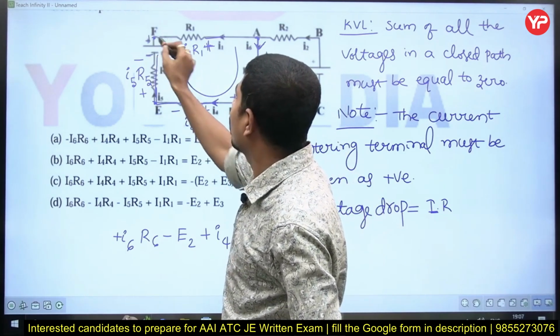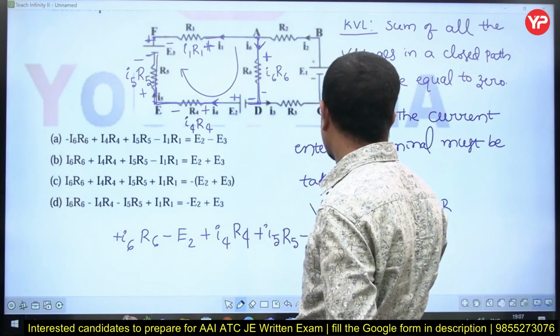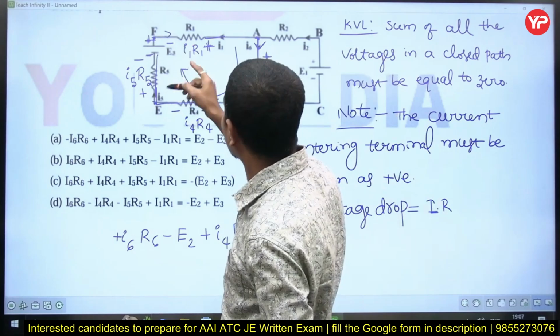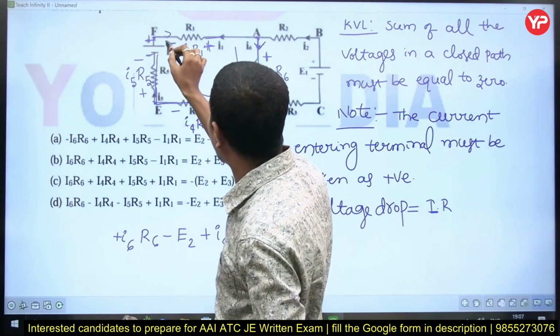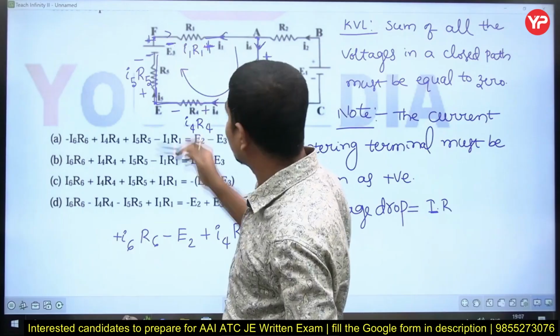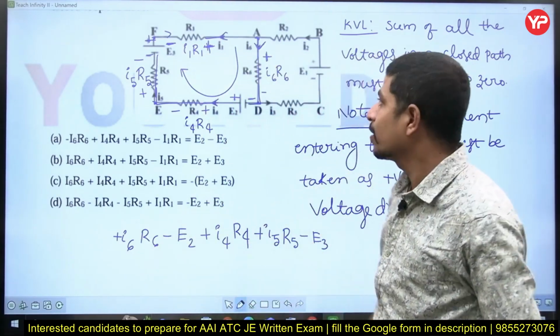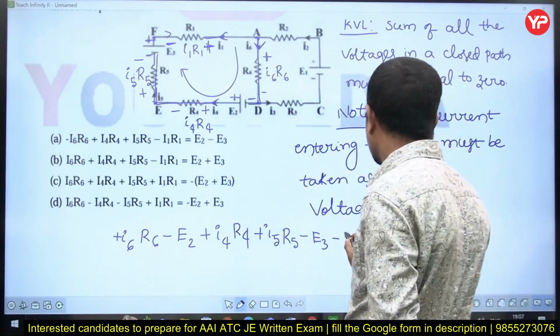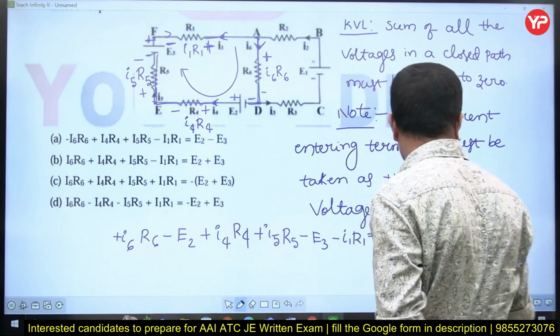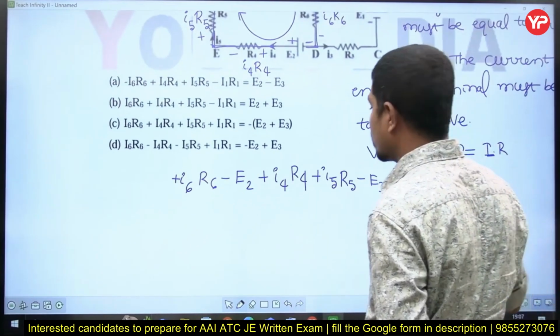Minus I am encountering first. Yes, minus E3, right? Going forward, minus I am able to see here. Why? Because current I1 is entering here, this is plus, that is minus. Very first thing I wrote there, right? How much is it? Minus I1 R1 is equal to 0.